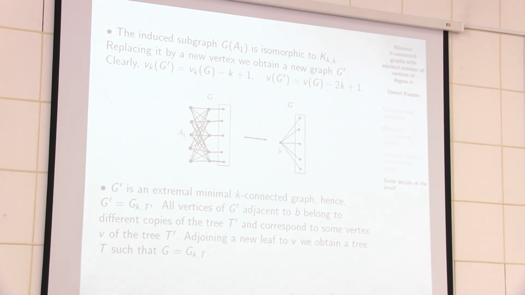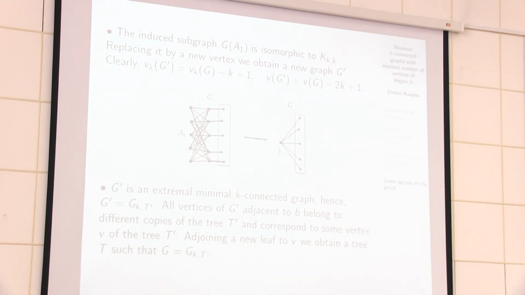Then we must show that this is minimally k-connected, which is not very difficult. Hence, it is a graph of type G_{k,T} for some tree T, because it is small, and of course we consider the minimal counterexample, the minimal graph for which it is not true.